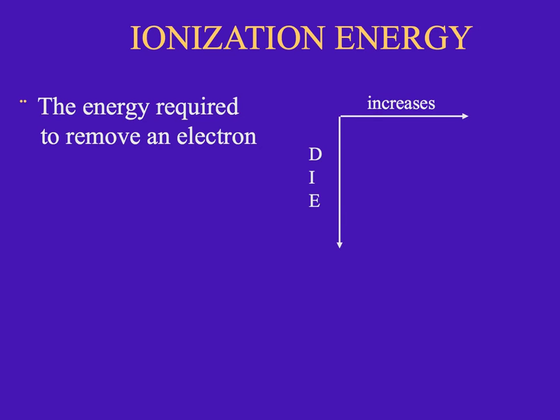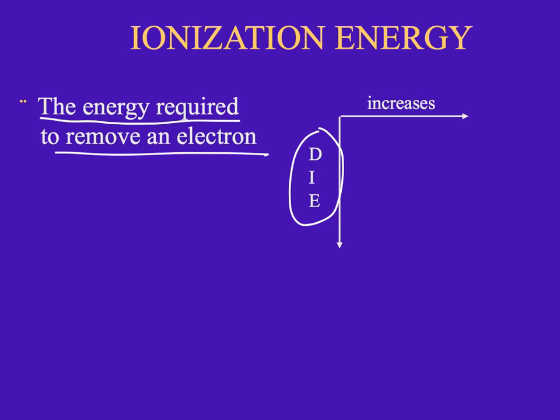All right, our next trend is ionization energy. You need to know the definition for ionization energy. It is the energy required to remove an electron, okay? The energy required to remove an electron. So this one is going to die going down. So let me explain to you what die represents.